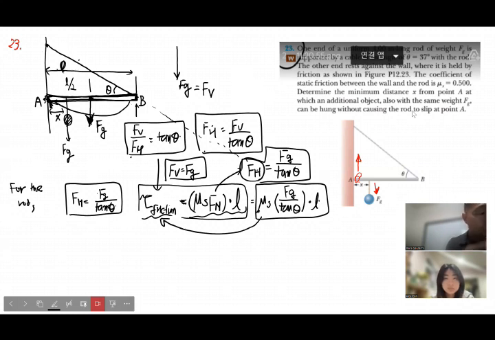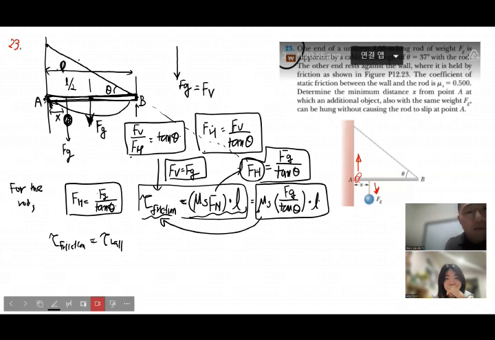Now, in the static balance, the two torques from the frictional force and the gravity of the ball should be in balance, so that the system is in equilibrium. So the torque from the friction should be the same as the torque from the ball.